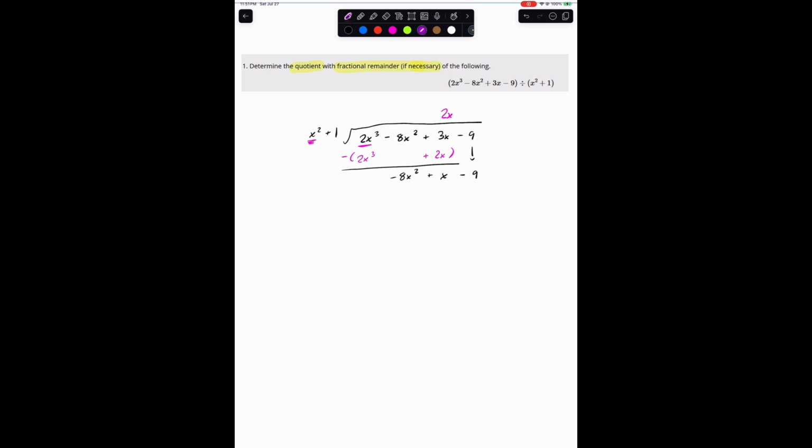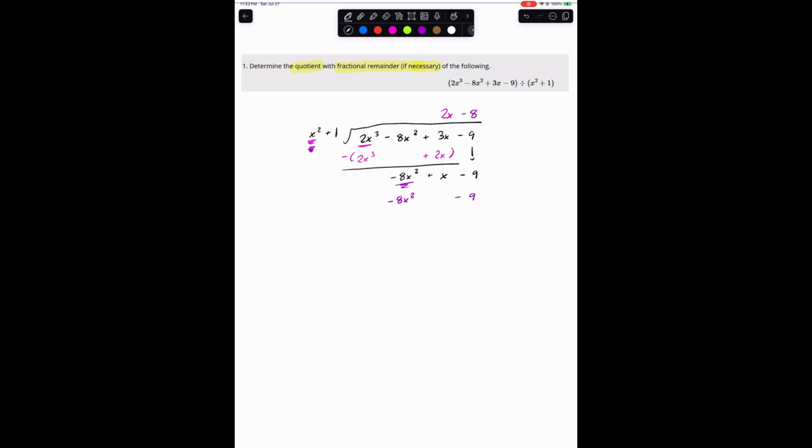Now we look from this x squared to this negative 8x squared. Negative 8x squared over x squared is just negative 8. And now we multiply that negative 8 by the divisor. We get negative 8x squared minus 8, right?